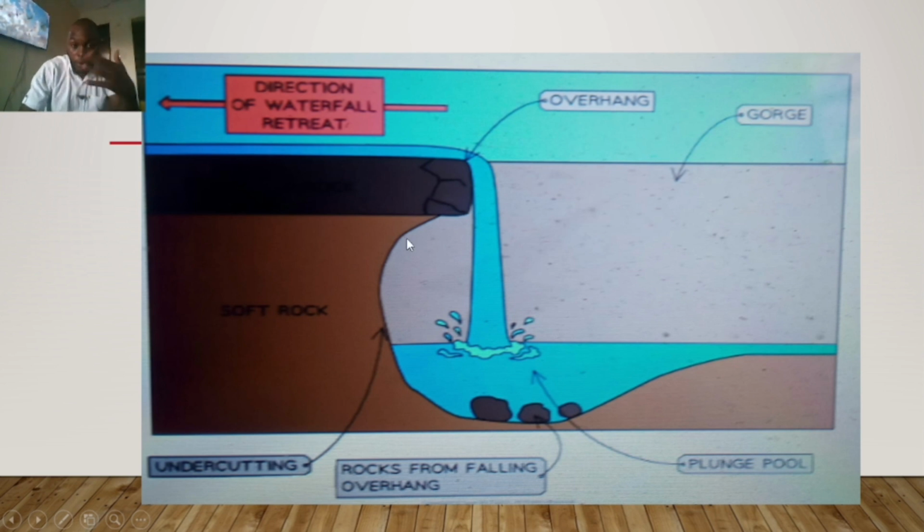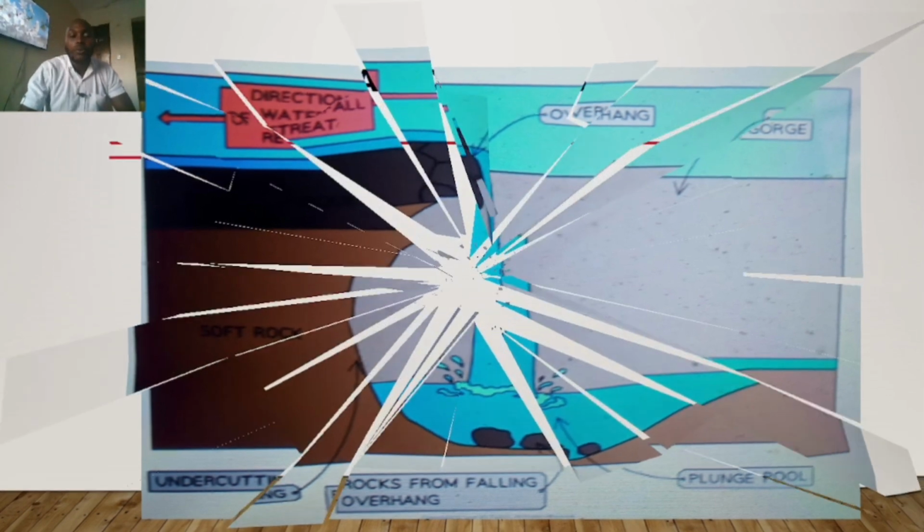That's what we call an overhang of hard rock. And then as time goes, it will collapse, creating that waterfall. And then the process will be continuing that way, and it will create some flat surfaces here with some steep-sided banks, which we call a gorge. Understood? So that's all about waterfalls and gorges.